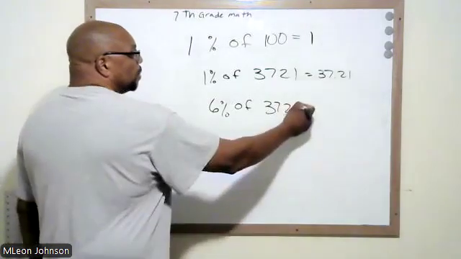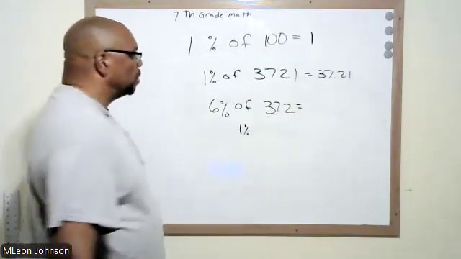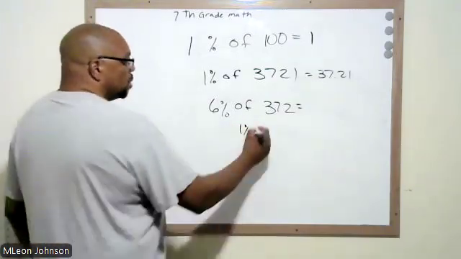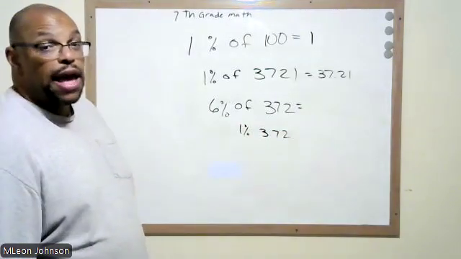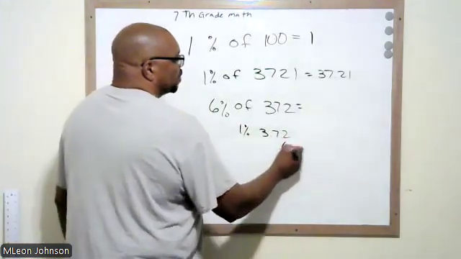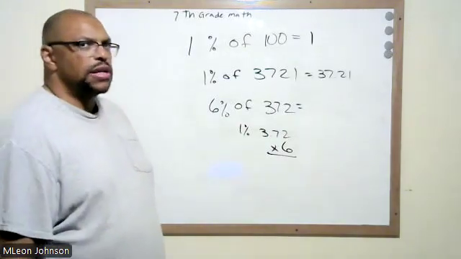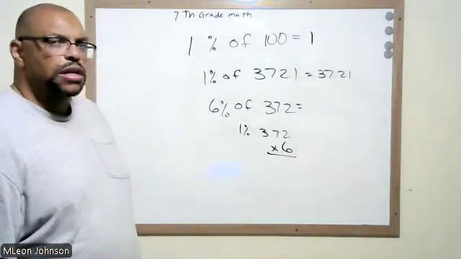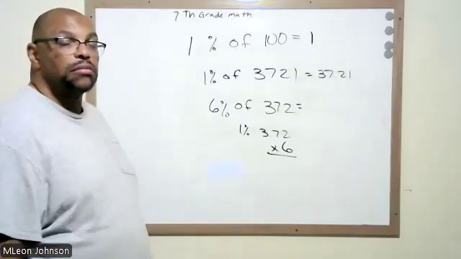Well, the very first thing we would do is ask, what's 1%? We know 1% is 3.72. But how many 1% do we have? 6 of them, exactly. So we multiply this by 6. Isn't that familiar? Remember how we did the same thing on the 10% when we had 40 or 30%? Same thing.